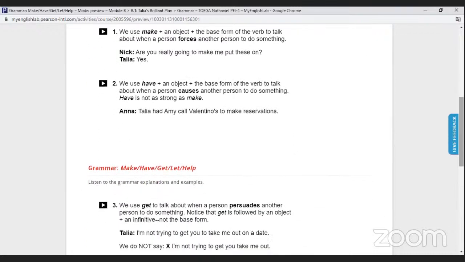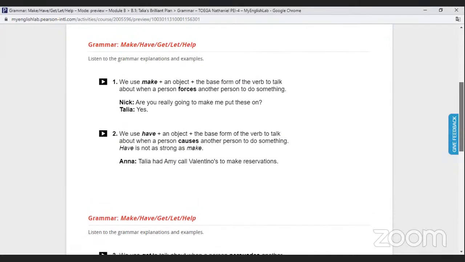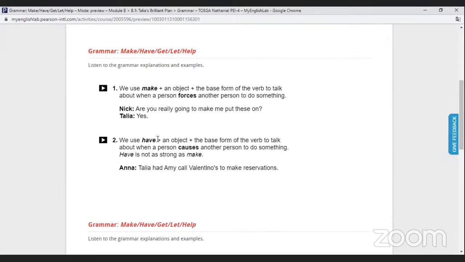Number two, we use have plus an object and the verb in the base form to talk about when someone causes another person to do something. So when you're using make and have, that can be the little difference that you can see, Nathaniel. With make, it's like you force another person. With have, you cause another person to do something.